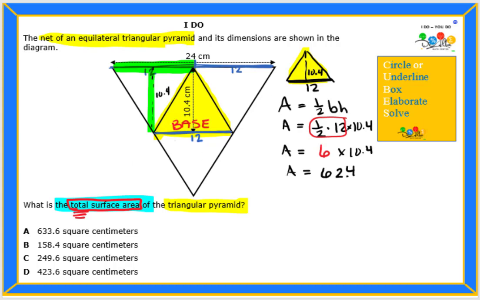So basically, once we have this area right here, we have the area of 1 out of 4. So we're going to multiply it by 4. The total surface area is 62.4 times 4.